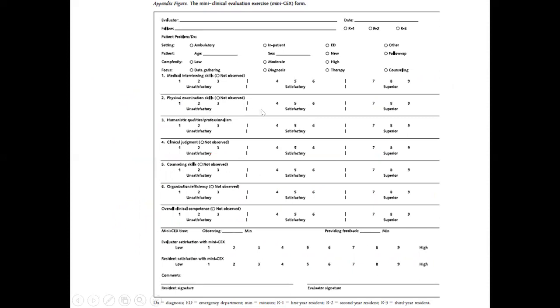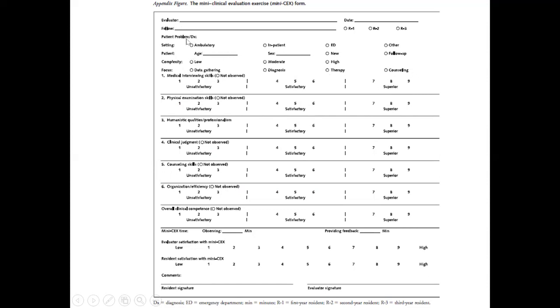And then there are 9 points, and the examiner will just rate the objective or subjective examination from 1 to 3, that is unsatisfactory. If it is 4, 5, 6, that is satisfactory, and 7, 8, 9 is superior, we can say highly satisfactory.